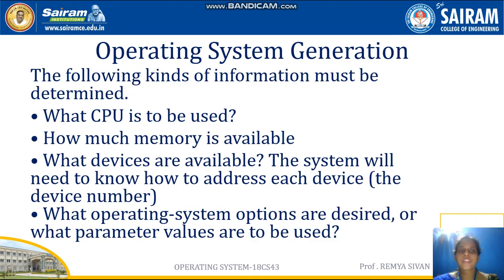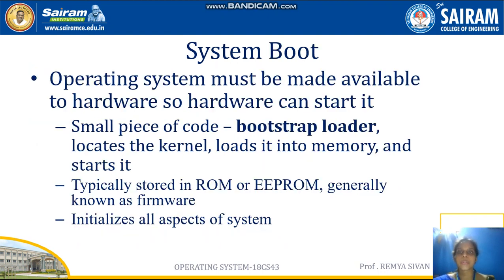The following kind of information must be determined: what CPU is to be used, how much memory is available, what devices are available. The system will need to know how to address each device and what operating system options are desired or what parameter values are to be used. Once we get the answers to these questions, they will be used for many purposes, for example, to rewrite the operating system code.